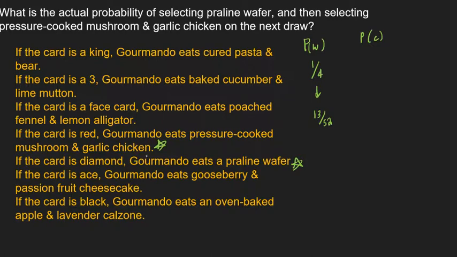So, you have to ask yourself when setting this one up, first of all, assuming that this one happened, assuming that we've already drawn our diamond, how does that affect the probability of this one? So notice that when I set this up, my denominator is going to be 51, okay, because I did not put that card back in the deck, did I?